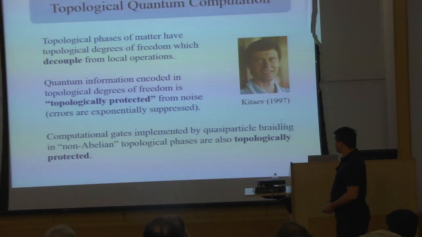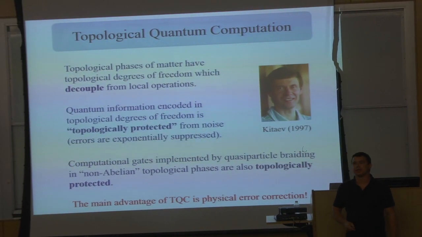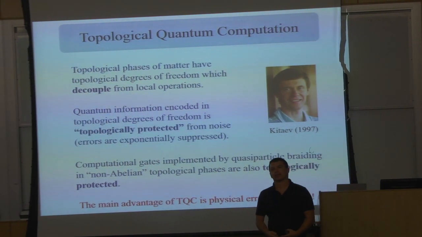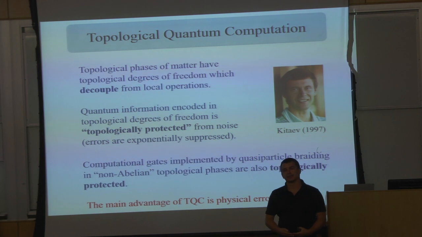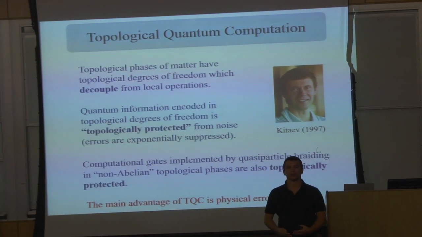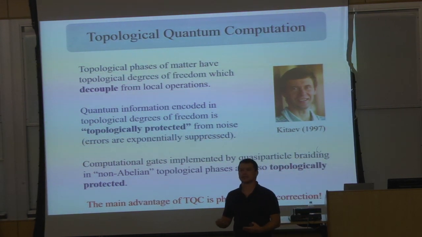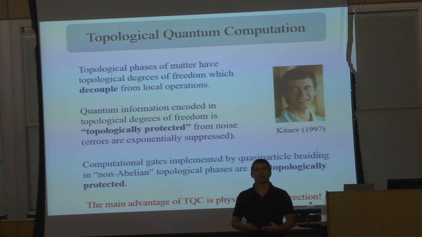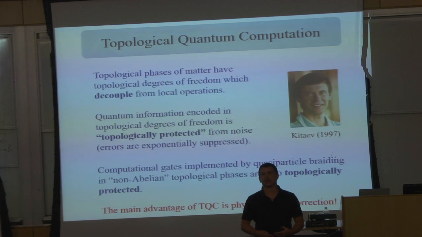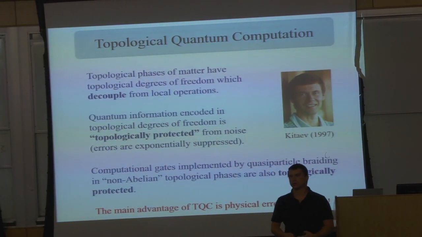The main advantage of topological quantum computing is that the system is intrinsically protected. It's protected at the hardware level, as opposed to conventional qubits, which are driven two-level systems, in which case the excited state of the system always decays, and one has to always worry about errors and use certain error correction schemes to correct them.